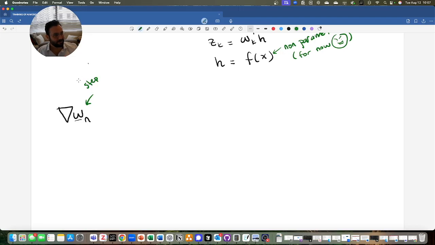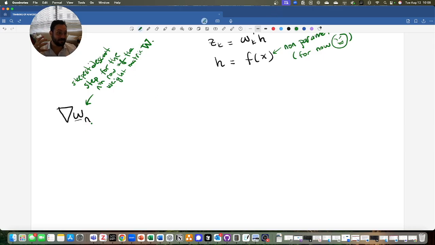Step, or optimal step, or steepest descent step for the nth row of the weight matrix W. All right, so that's what the n is from.